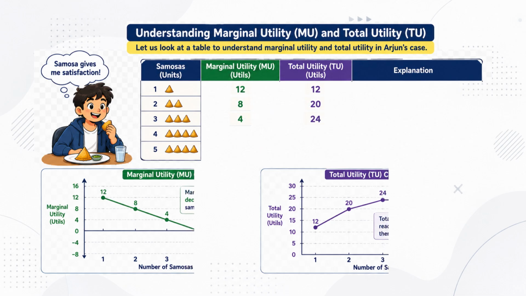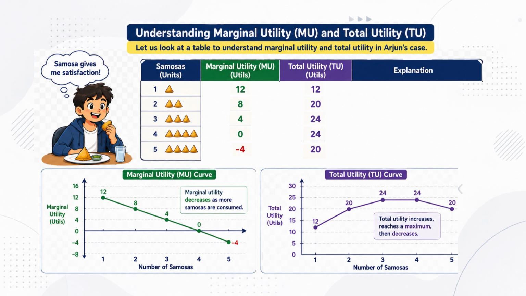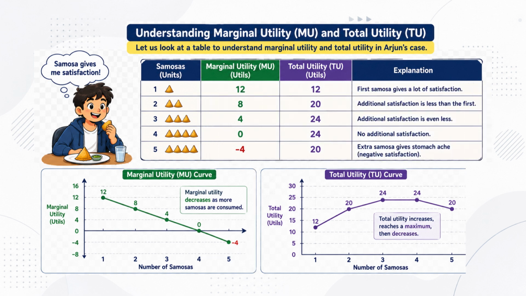After fourth samosa, MU equals 0 utils. TU equals 24 plus 0 equals 24 utils. Maximum TU reached. After fifth samosa, MU equals minus 4 utils. TU equals 24 minus 4 equals 20 utils. MU is negative and TU starts decreasing.